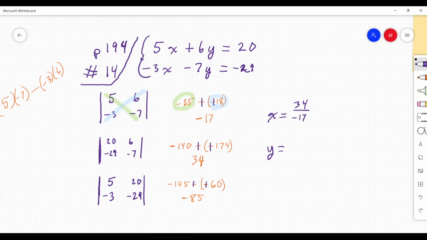I'm sorry, I got confused. Negative 85 over negative 17, right? Yep. So this equals -2, and this equals 5. So our answer is -2, 5.